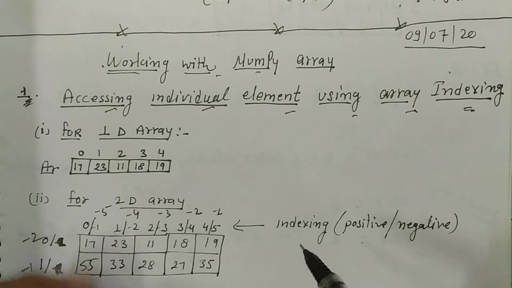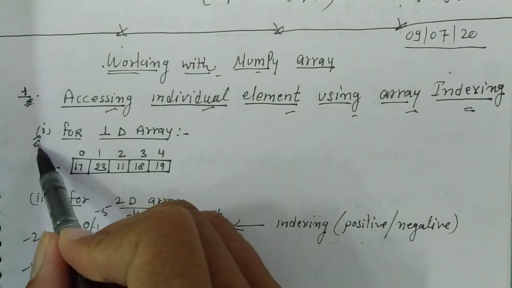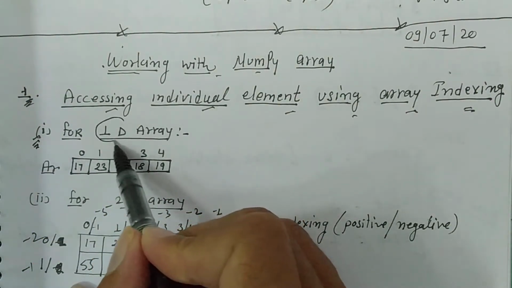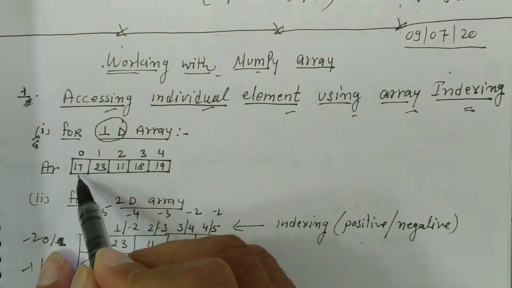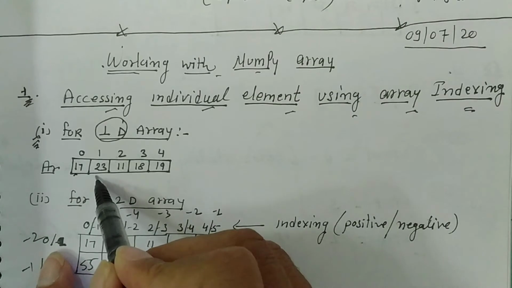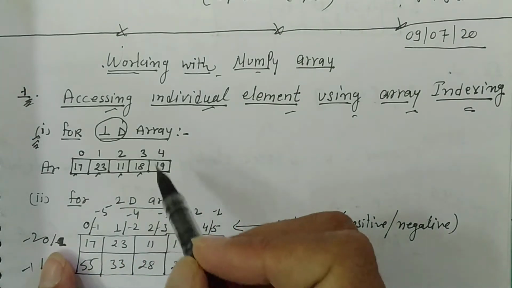For 1D arrays and 2D arrays we will discuss what the indexing is and how the elements are stored. First of all, we are discussing the 1D array. In a 1D array we are going to store the elements like 17, 23, 11, 18 and 19.